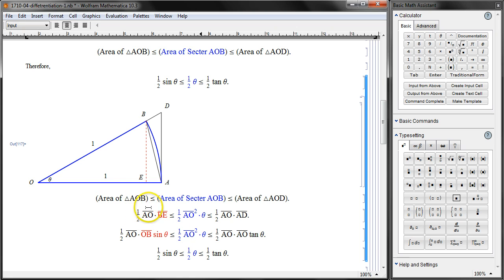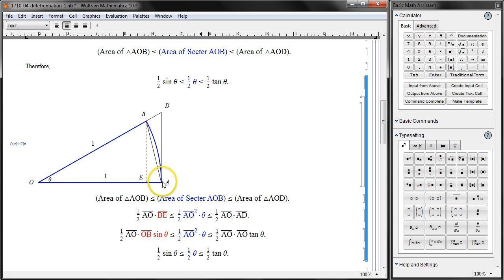And how about the inside? 1/2 and then the base times height. But the height comes from the sine function, because this is the hypotenuse, and then we are looking for the opposite of theta. So we have sine of theta there, and eventually it boils down to 1/2 sine of theta. How about the big triangle?